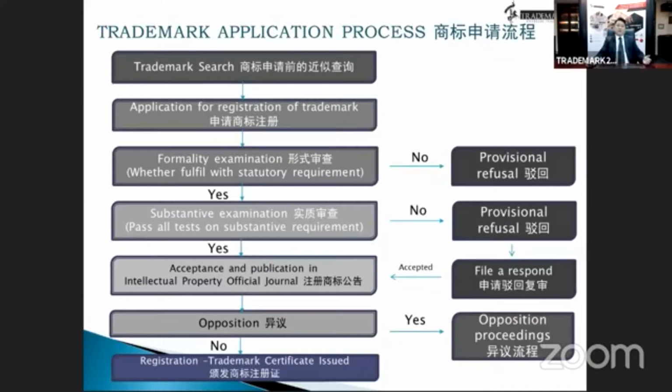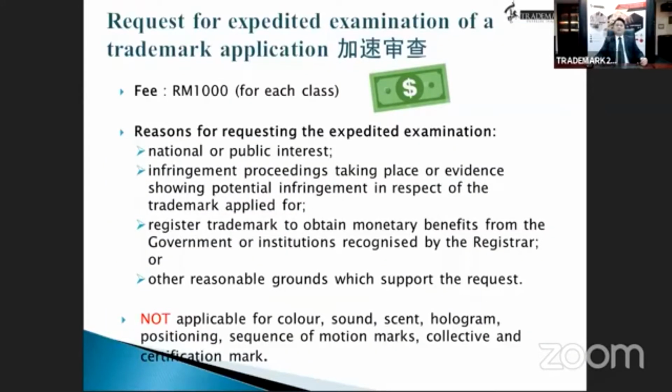What can I do, because my trademark is still pending registration? Yes, you may request for expedited examination. Expedited examination means that you request the registrar of trademarks to expedite your examination. All right.